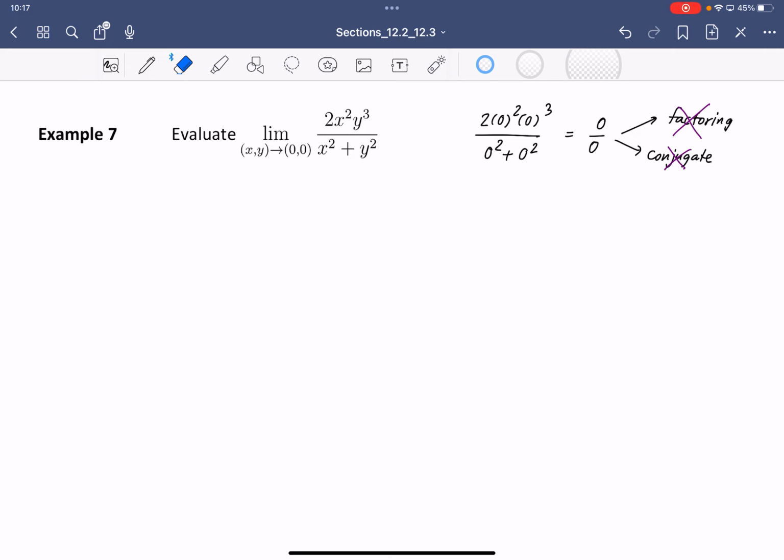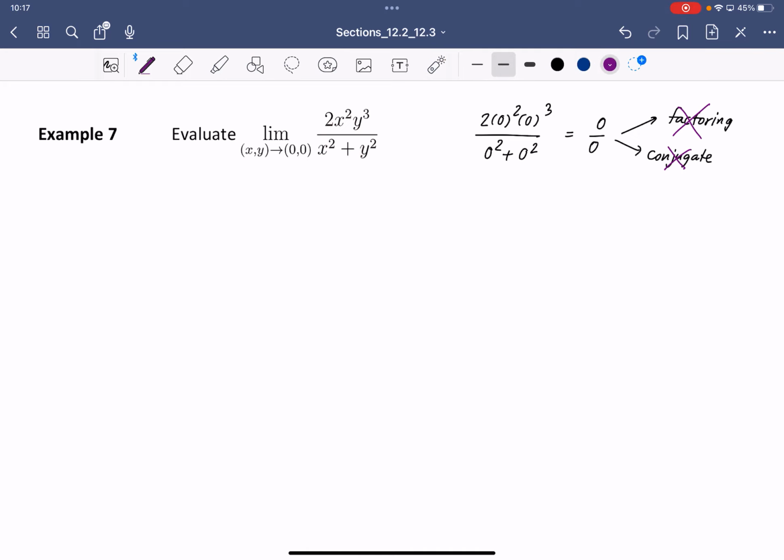It forces you to do something else. So once you know that you cannot factor or use the conjugate, you have to pick a line. But if you try to pick x equals 0, y equals 0, x equals y, or x equals y squared, whatever line you pick, you're going to keep getting 0. You can try at home, pick so many lines and you're going to get 0.